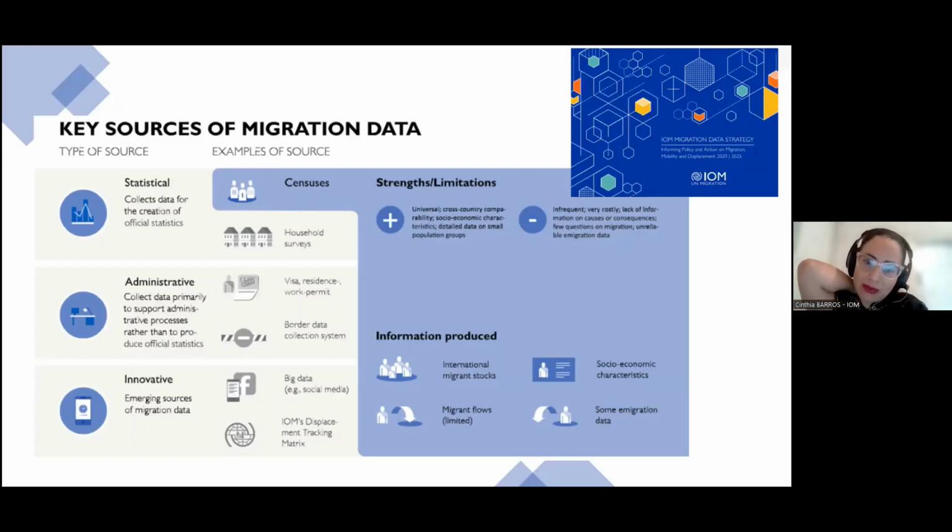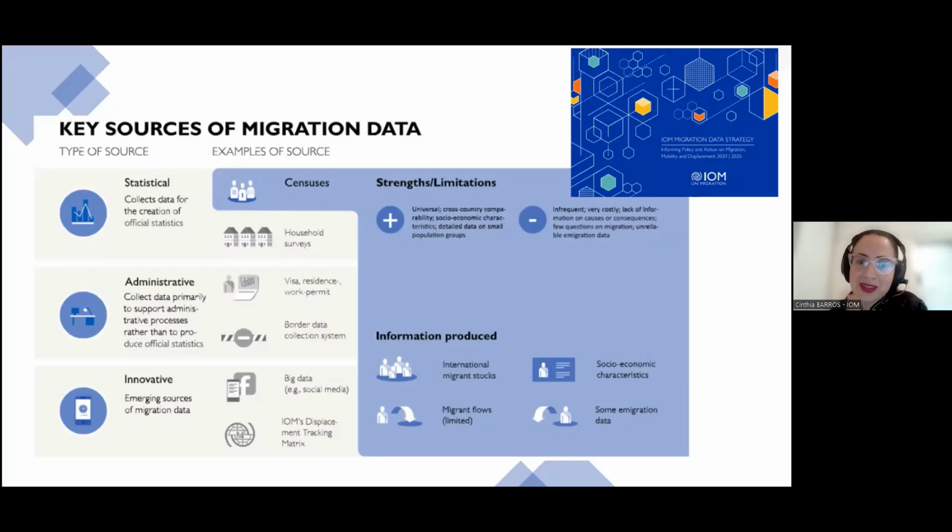In the case of administrative data, IBGE is also involved with the treatment and availability of the federal police database, which has both entries and exits, as well as migration regularization.